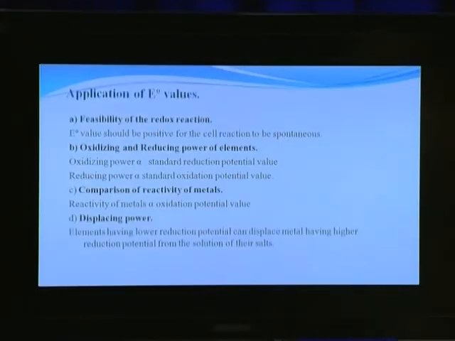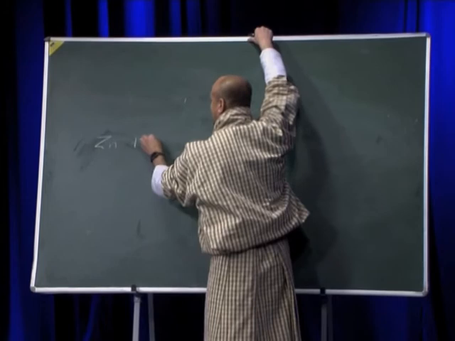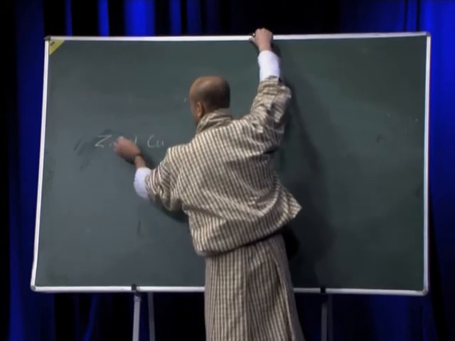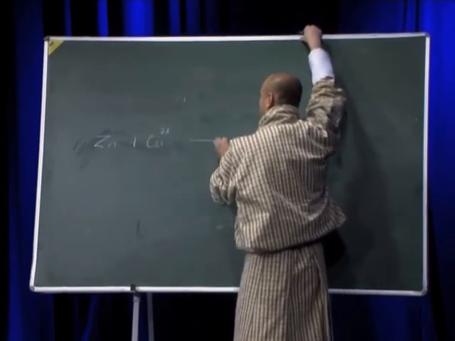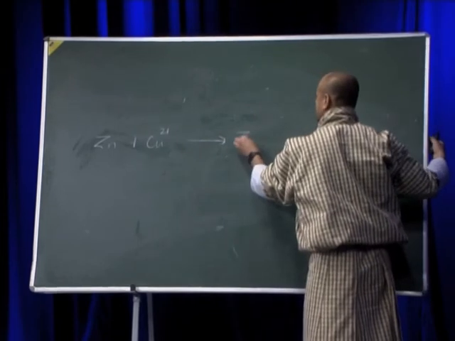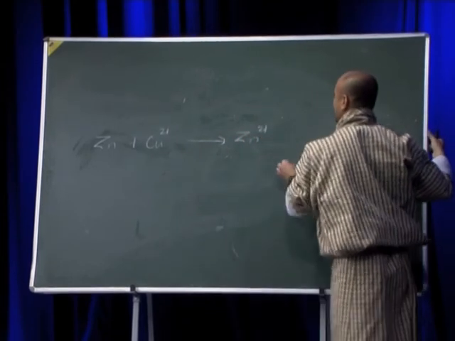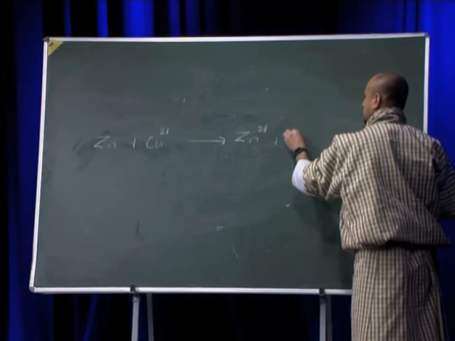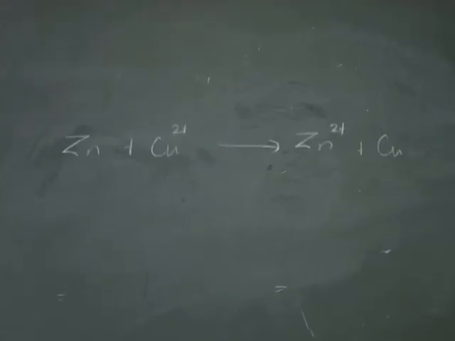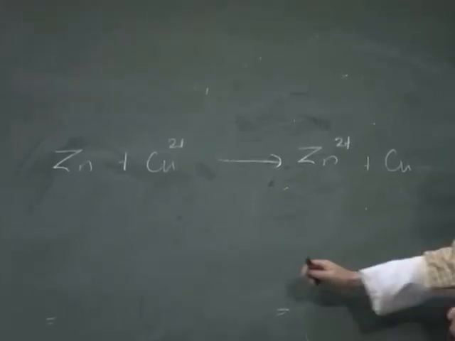So let me explain this briefly using the board. As you can see here, zinc and copper, so zinc and copper ion. Here zinc is getting oxidized to zinc ion and copper ion is reduced to neutral copper metal. Now let's look at those values.